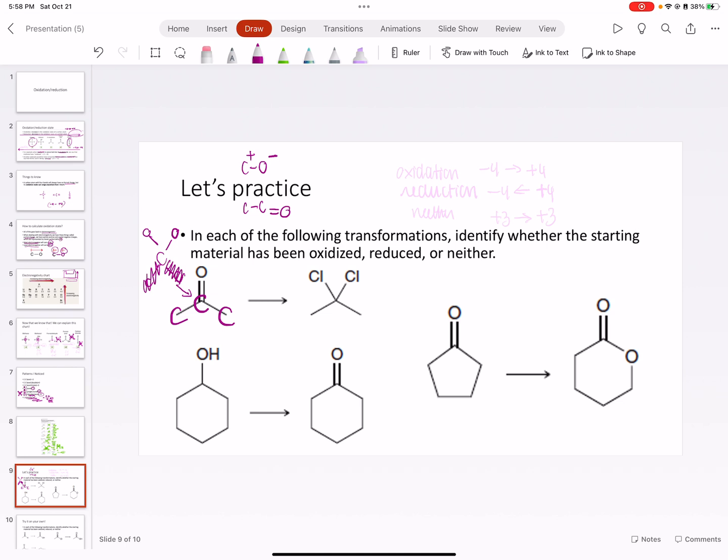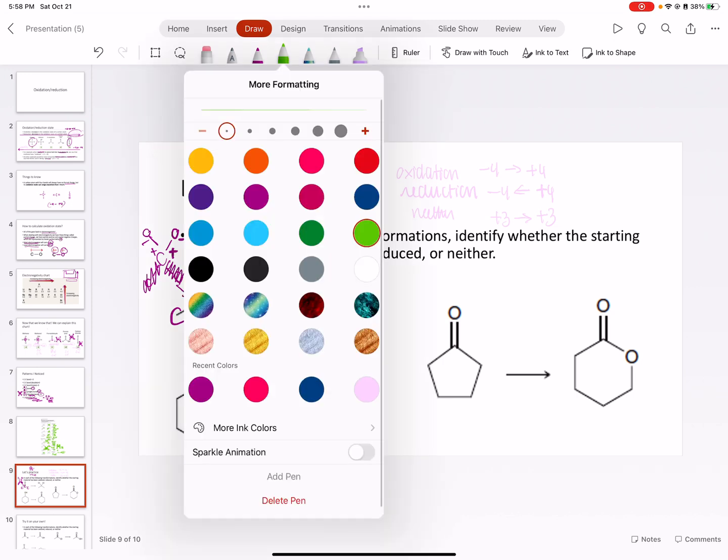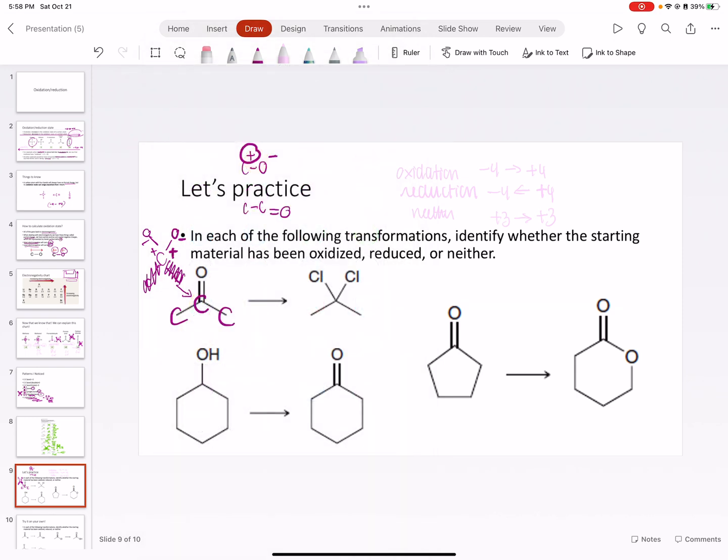If you have a triple bond, you can multiply by 3. So in here, carbon carries a positive charge: positive, negative, positive, negative. And remember, we just care about the charges surrounding that carbon. Therefore, we have a positive 2.